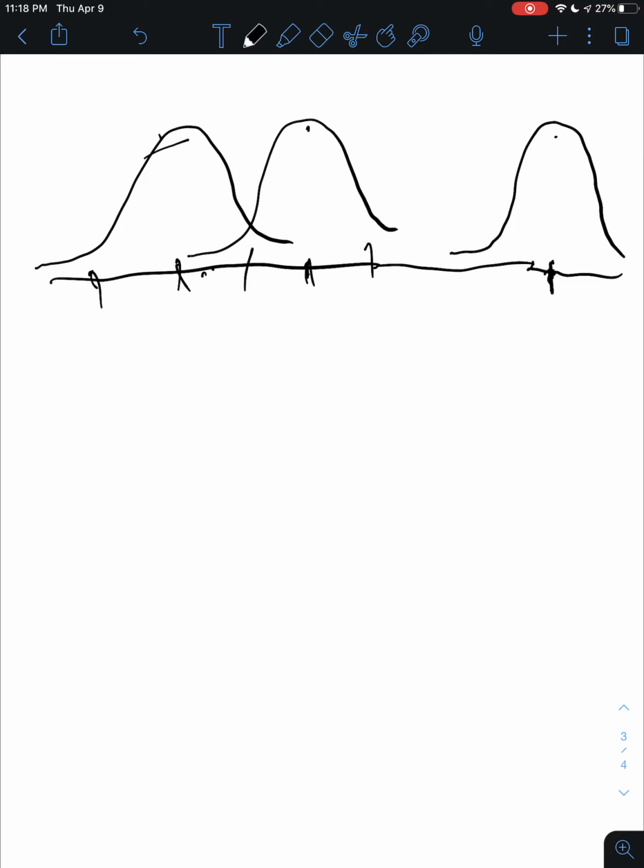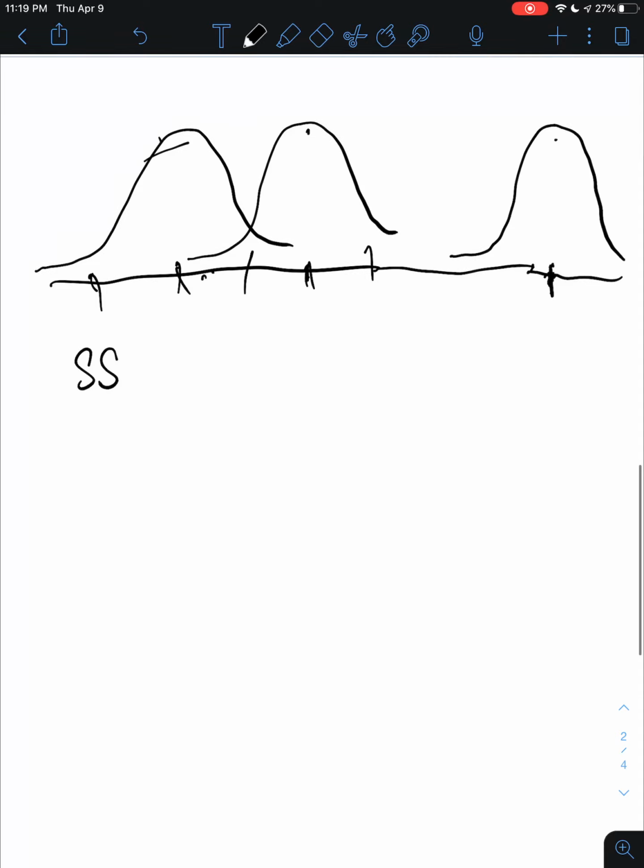Okay, so that dispenses with all of the preliminaries. Now let's turn to some of the formulas. So the first thing we're going to look at is this thing called sum of squares. And this is the sum of squares of the deviations from the mean. So what I do is I measure the mean of all of my respondents. It doesn't matter what treatment they're in. I just take everybody who participated in this study and average them together.